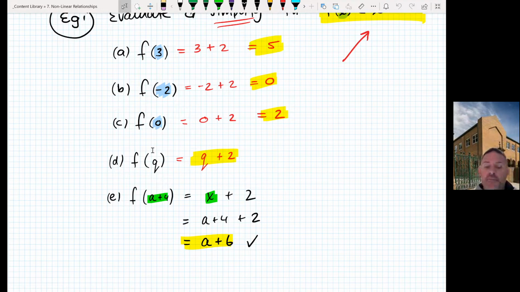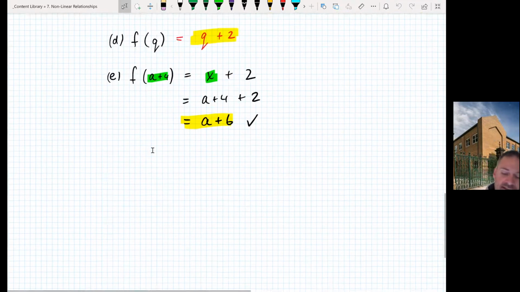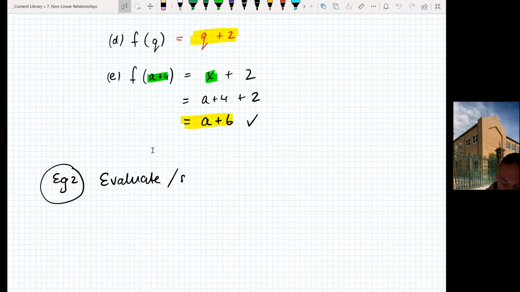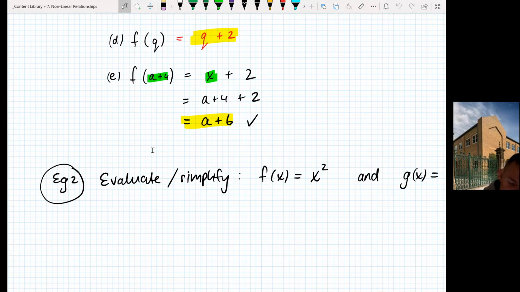Okay, now, of course, depending on what the function is, it can get a little bit more challenging, and it's just the substitution that gets harder. I'm going to, again, for example 2, write evaluate or simplify. But this time I'm going to give you two different functions. f of x equals, oops, I'm going to say not a, x squared, and g of x equals x plus, actually I'm going to do x minus 5.